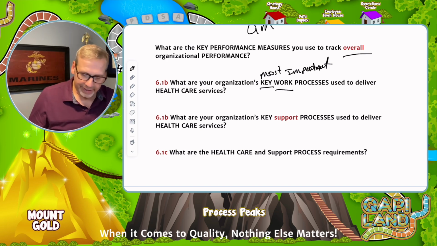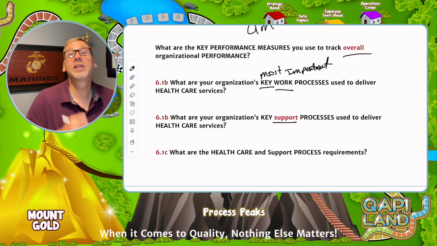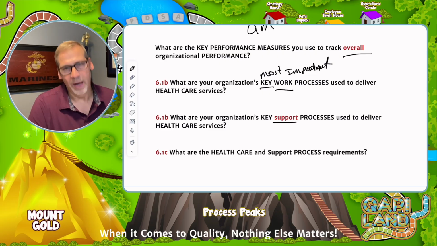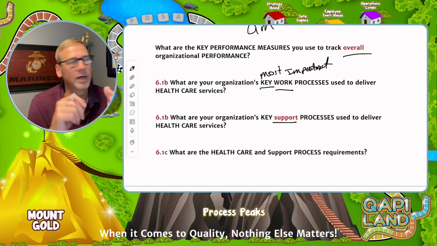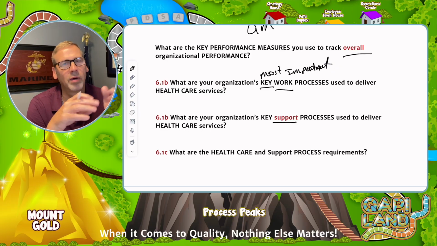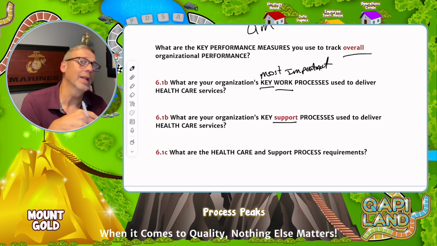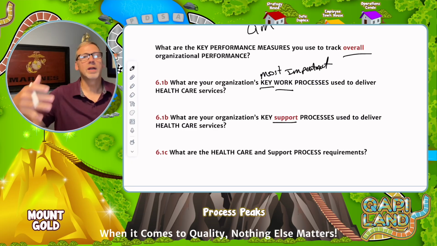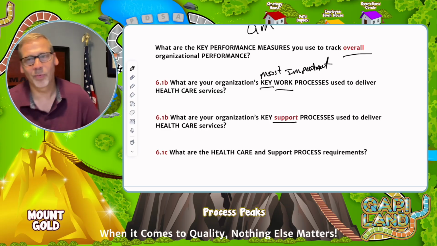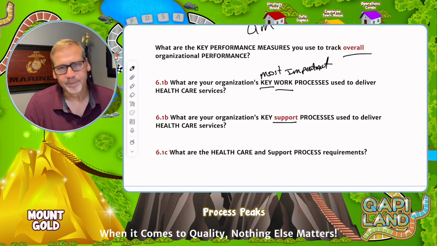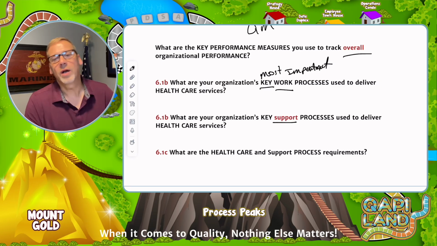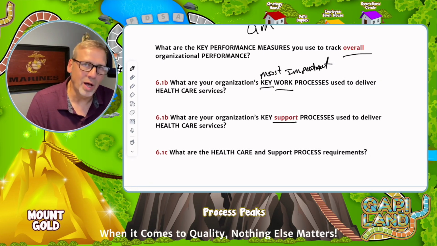And then it's what are your key support processes. Key support processes are like administrator support, HR, human resource support, maybe supply chain management, IT, facility maintenance. We're talking about your most important key support processes, and then what are your healthcare support process requirements?